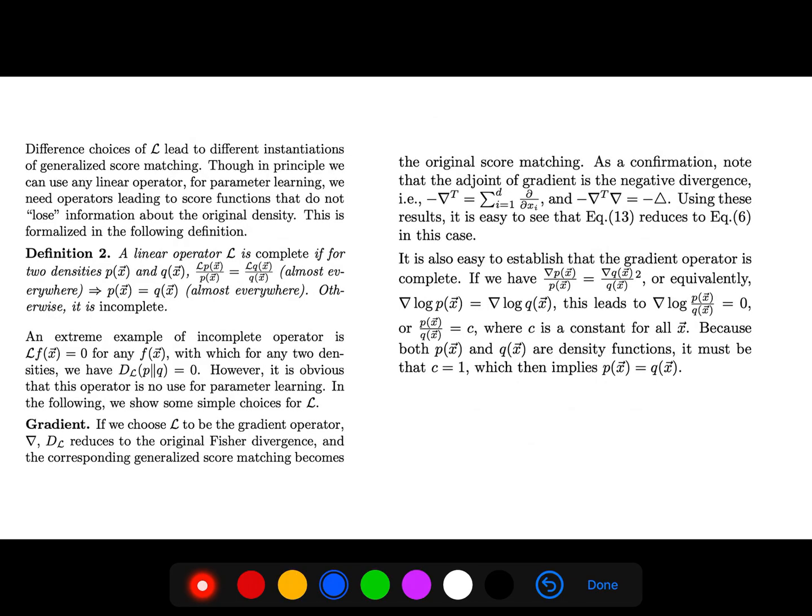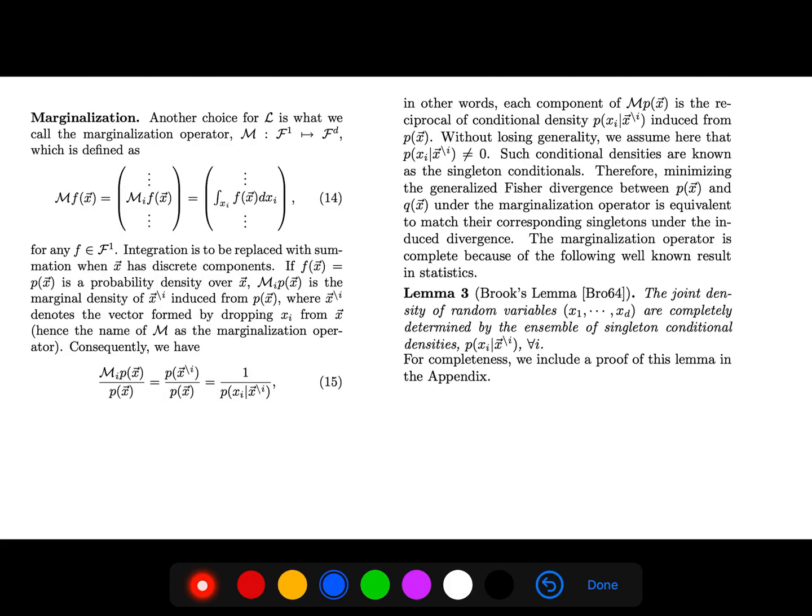A linear operator is called complete if, for two densities, when this holds, then they are equal. And here they talk about marginalization. By the way, in the previous two videos, I talked about concrete score matching, and I noticed that their method is just a particular marginalization.